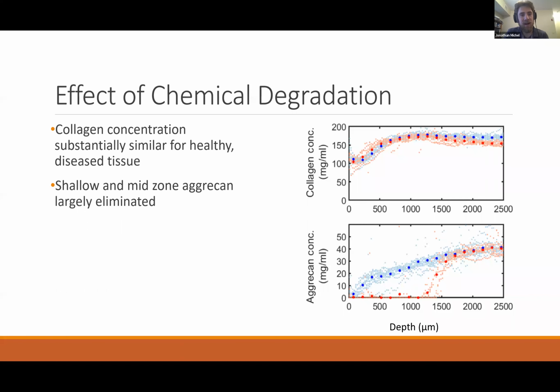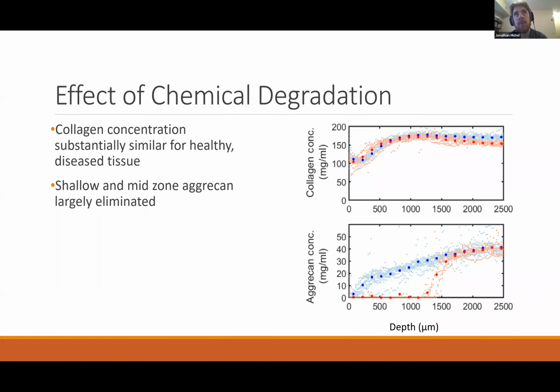To wit, Thomas has undertaken some Fourier transform infrared microscopy to measure the concentration of both collagen and aggrecan as a function of depth.